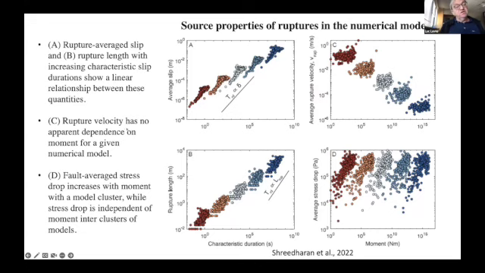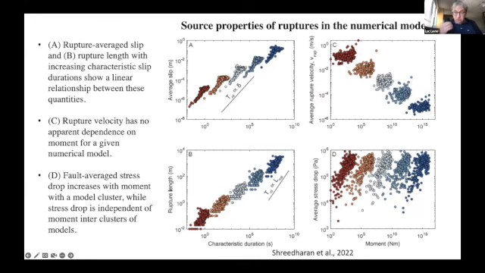So there's really a linear relationship between characteristic duration, rupture length, and average slip. The rupture velocity has no apparent dependence on moment for a given numerical model. The interesting part is that the average rupture velocity gets up to meters per second when we go to the smaller ruptures, okay? The smaller the rupture, the faster the rates of deformation, which would correspond to LFEs and all these things.